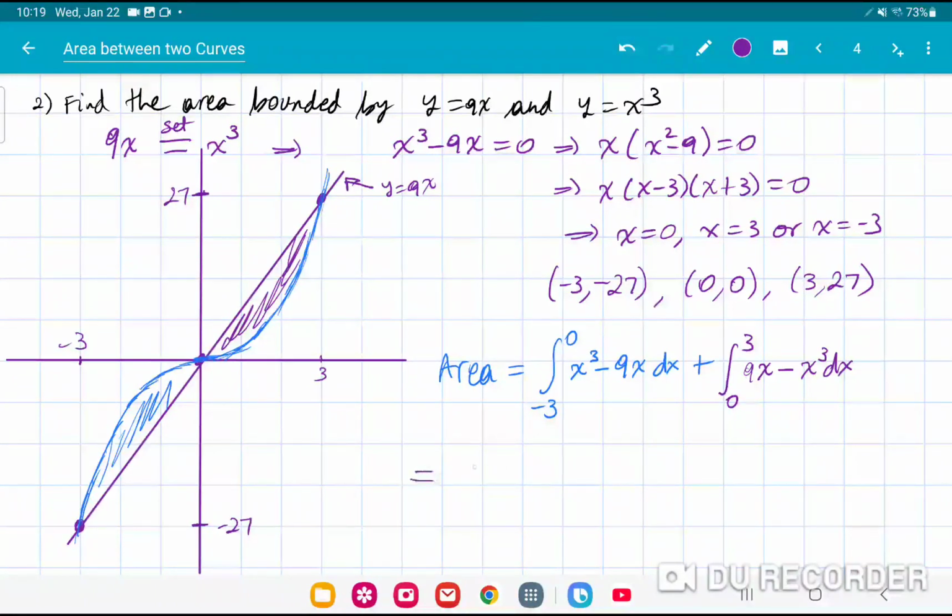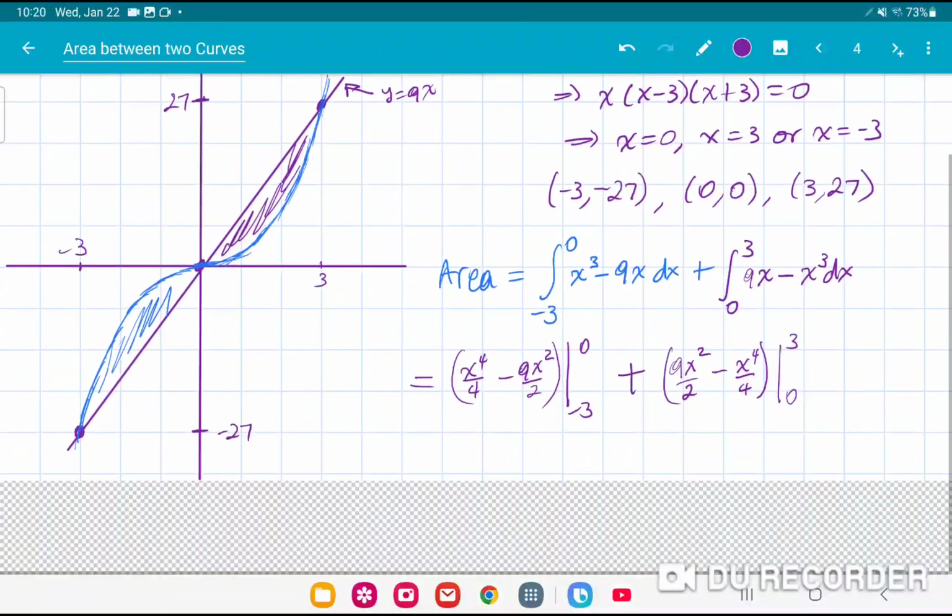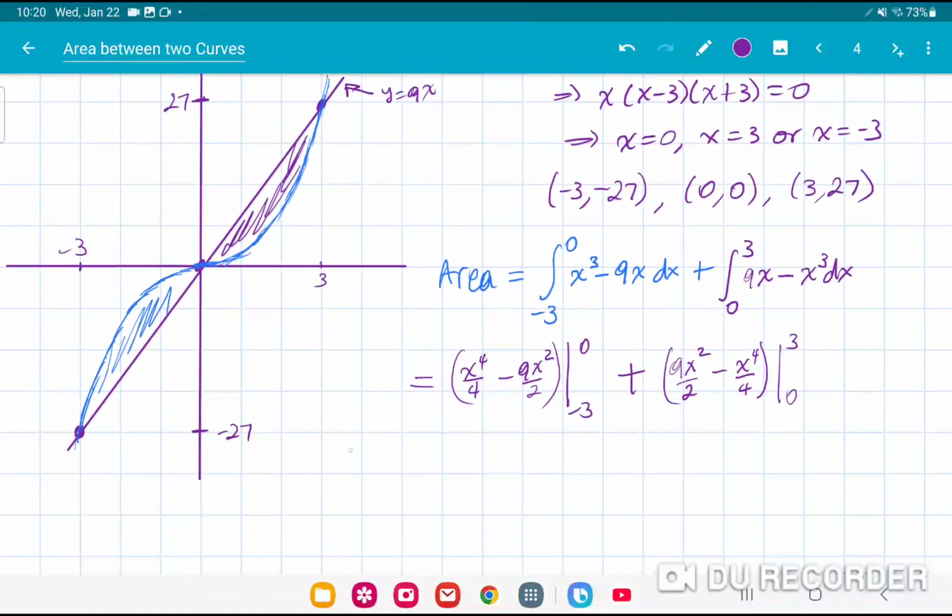So that equals x to the 4th over 4 minus 9x squared over 2 evaluated from negative 3 to 0, plus 9x squared over 2 minus x to the fourth over 4 evaluated from 0 to 3. Okay, I'll try to be careful here.